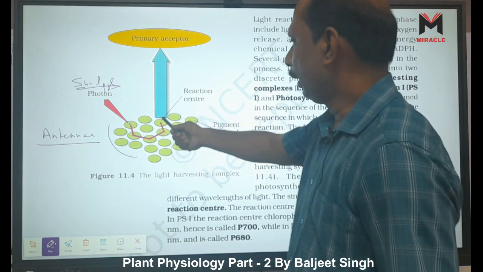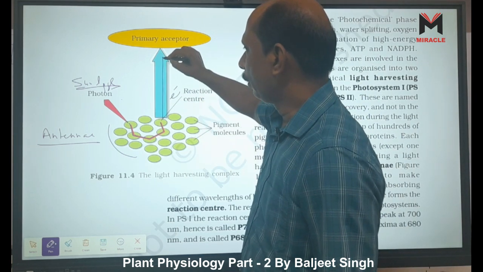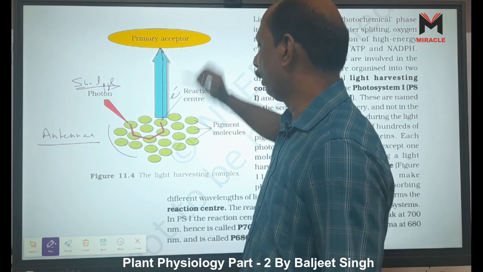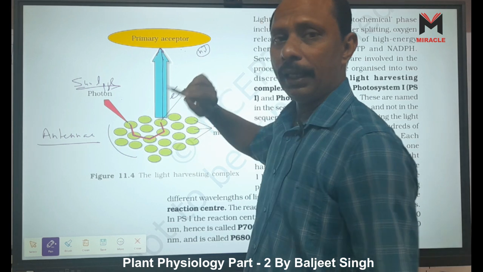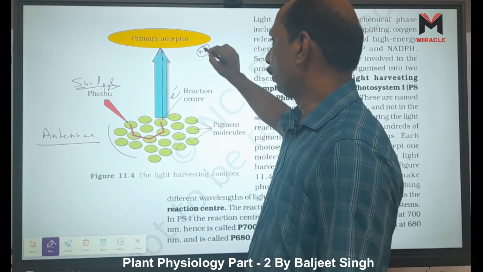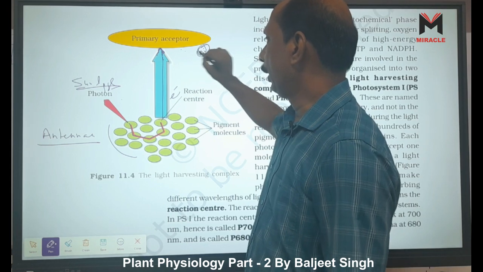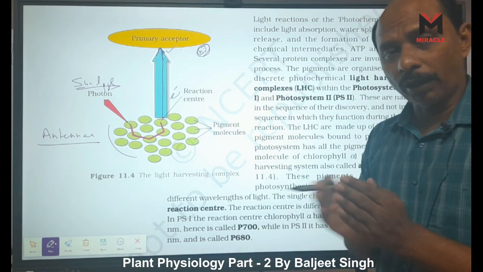From the reaction center, when the electron is released, it jumps from its orbital and goes outward. Suppose light is here and water is there, in the lumen. In the lumen, water molecules are present. So this electron, because it has energy, uses this energy in splitting of water, the breakdown of the water molecule.